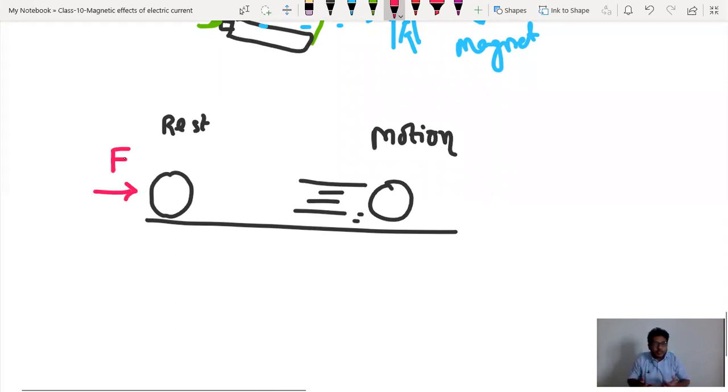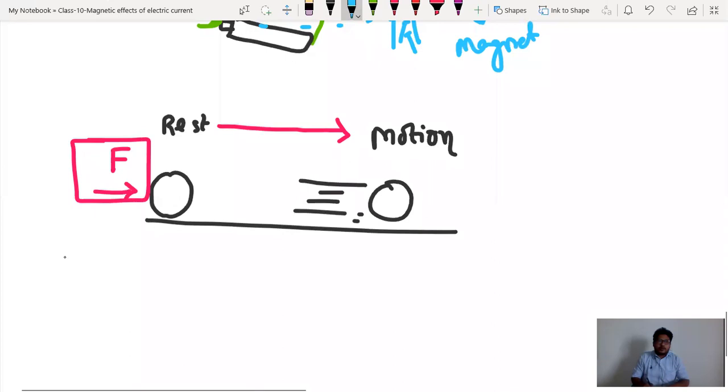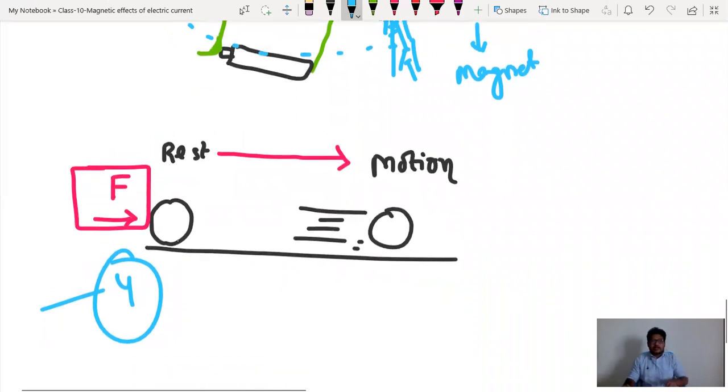Newton's first law of motion: every body continues to be in its state unless an external force is applied. So if you want to make a body go from rest to motion, definitely we need force. That is the fourth concept. You should remember. So four concepts you need to remember to understand this concept.